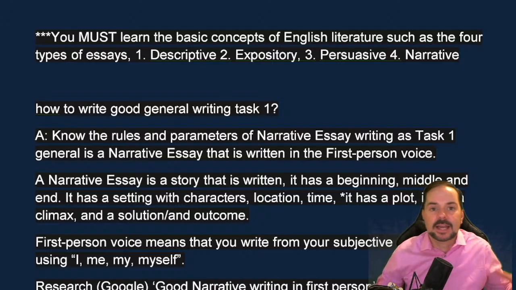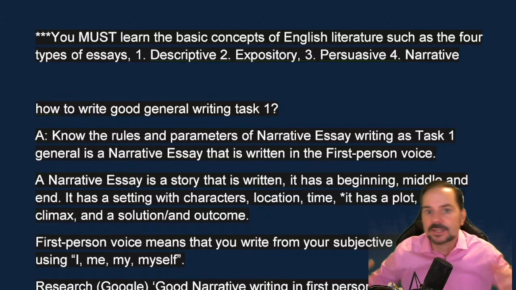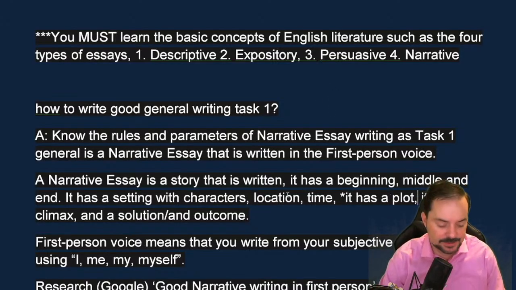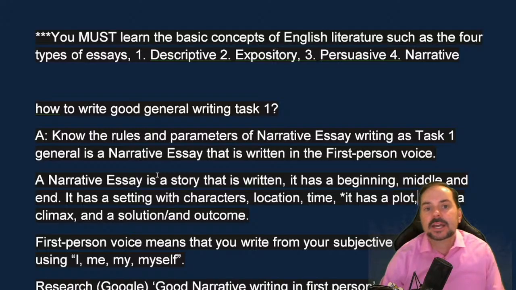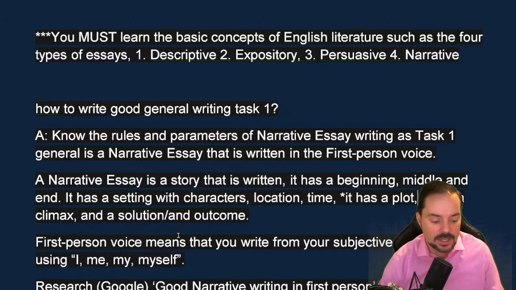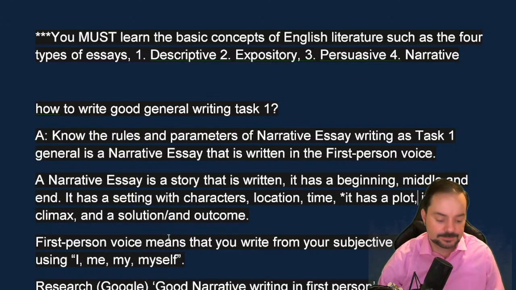Plot is kind of like the events that are happening, okay? So my new job is the plot, okay? That's the plot, it's the content, right? So it has a setting, characters, location, time, it has a plot, it has a climax, and it has a solution or an outcome to that climax, okay? So that's basically it there, all right?